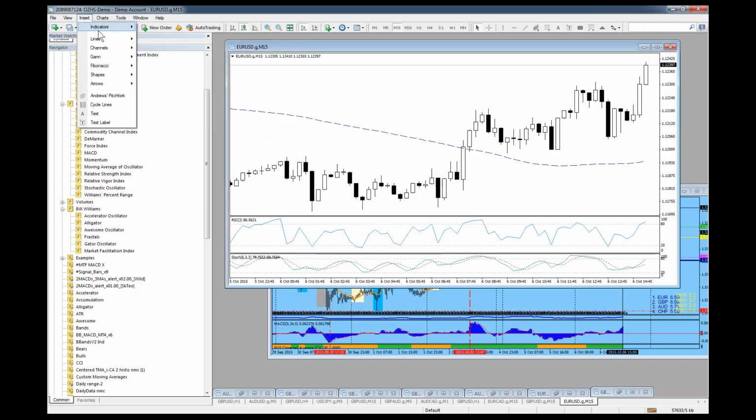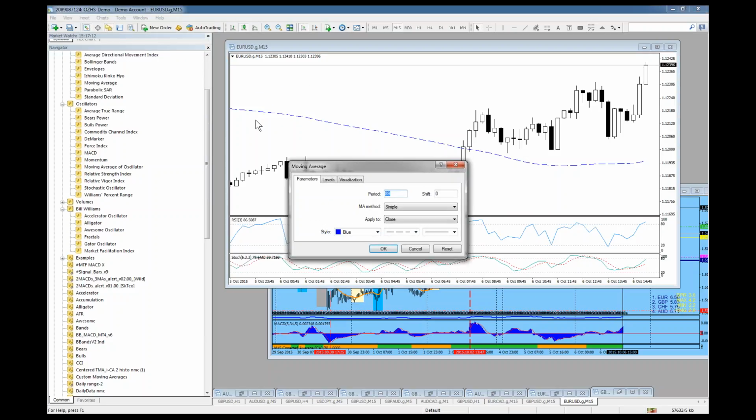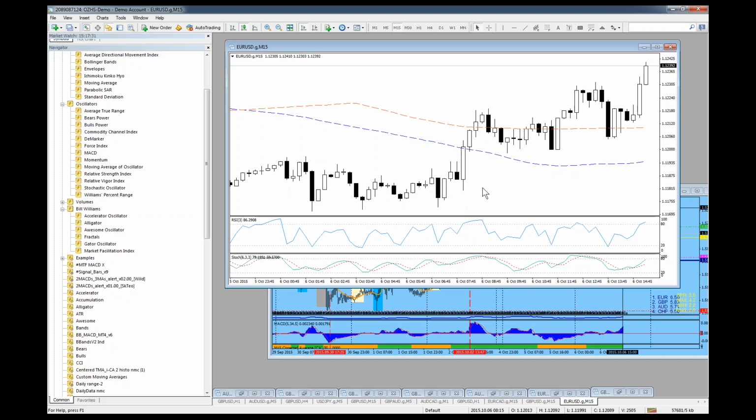Insert, indicators, trend, moving average. Let me add a 150. And we'll make this one red. Not much of a difference for what this is.